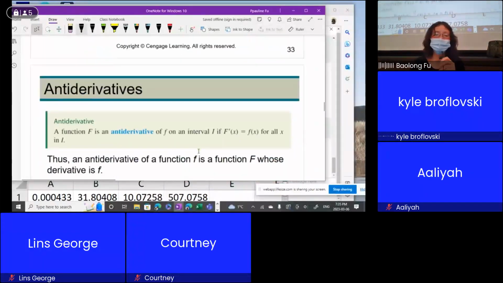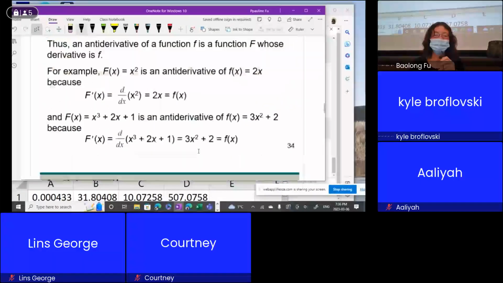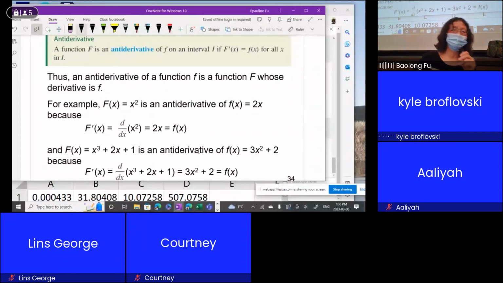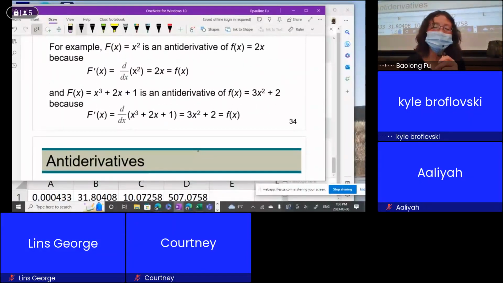Chapter 6 is antiderivative. So what is an antiderivative? I will use an example. If you can find a function capital F of x, and this function's derivative is another function, so there are two functions.